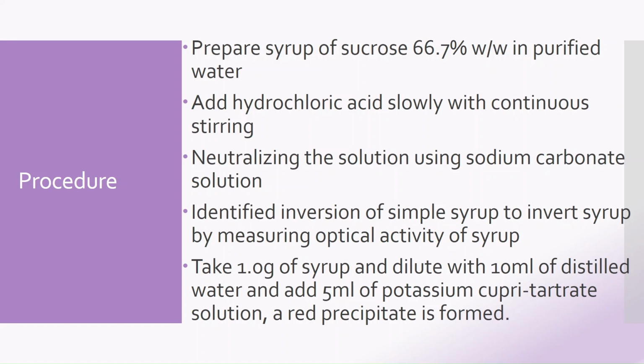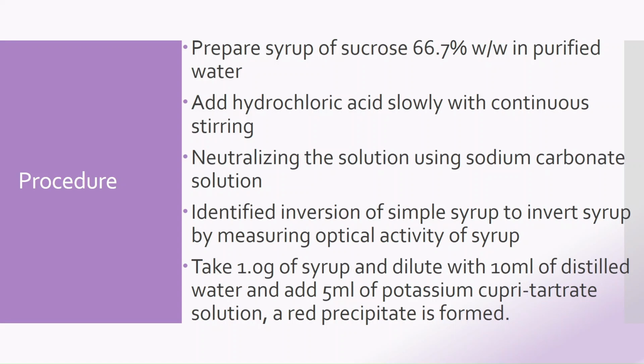So after we have added it slowly while stirring, we neutralize the solution by adding in our sodium carbonate, not bicarbonate, sodium carbonate, I'm sorry for that. Use sodium carbonate solution for neutralizing because your acid might have gone in excess. Yes, so you neutralize the solution.